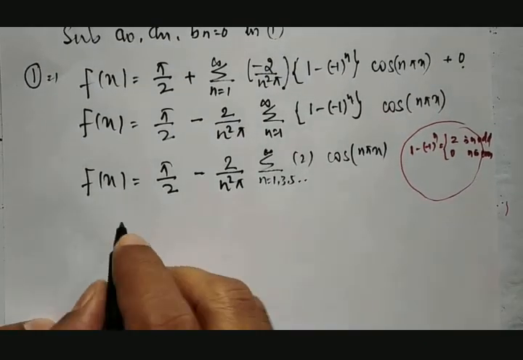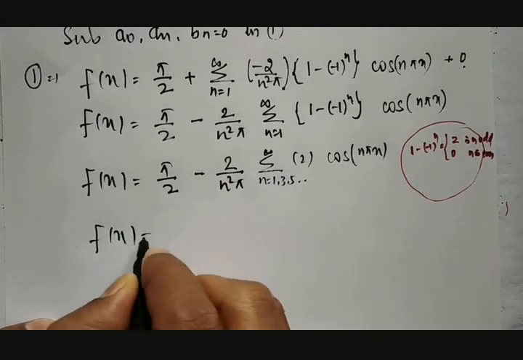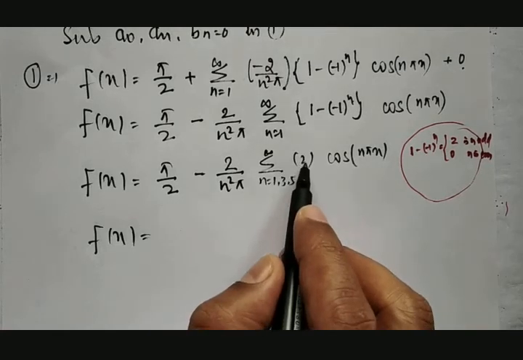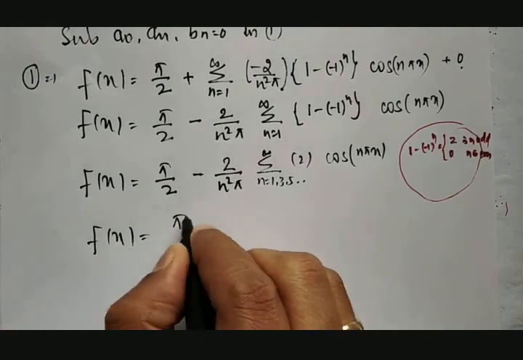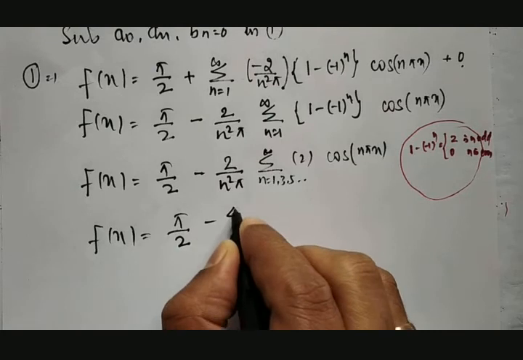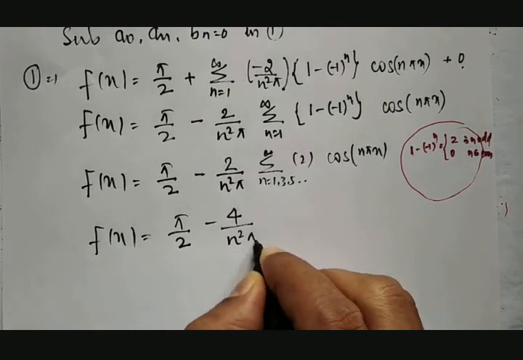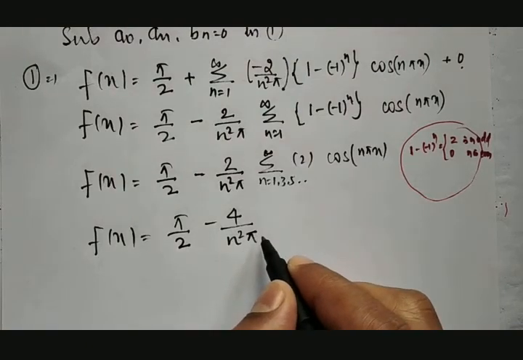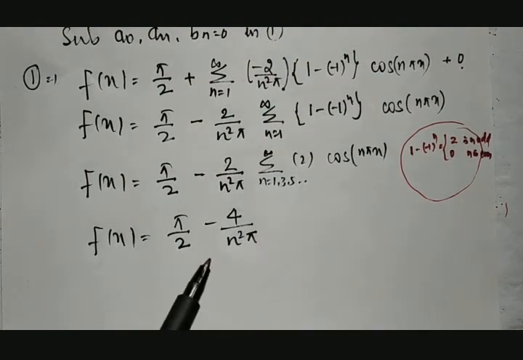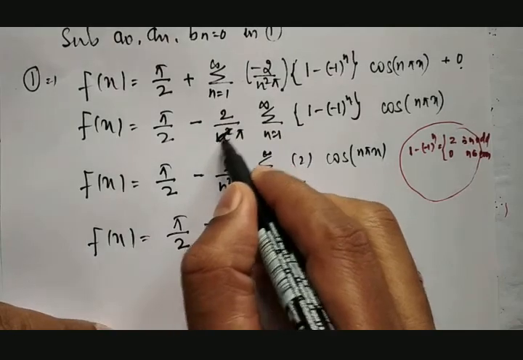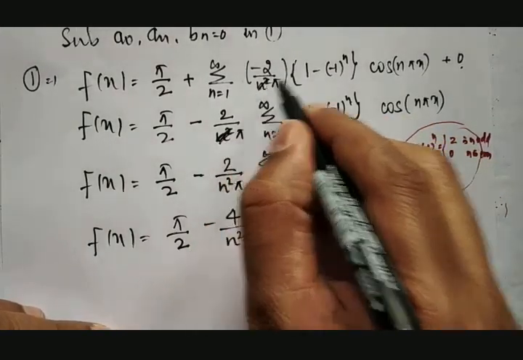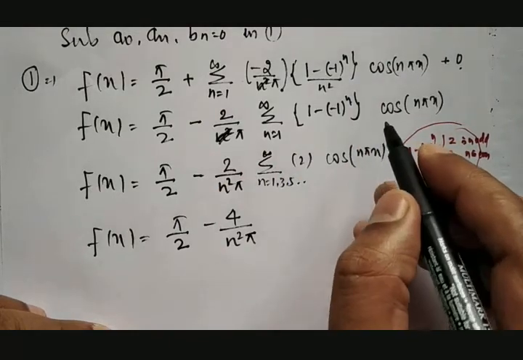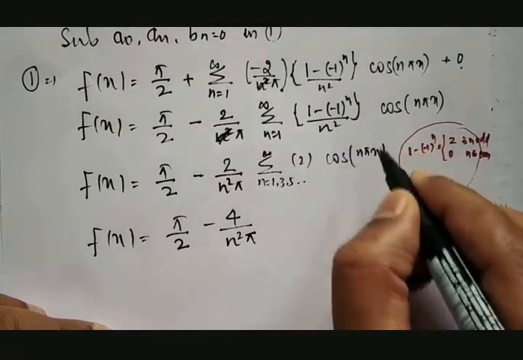Fine. Therefore, f of x is equal to, here we are expecting 2 into 2, 4, so it is pi by 2 minus 4 divided by n square into pi. One thing, just a minute, we'll keep this n square inside the bracket, since it is required here.